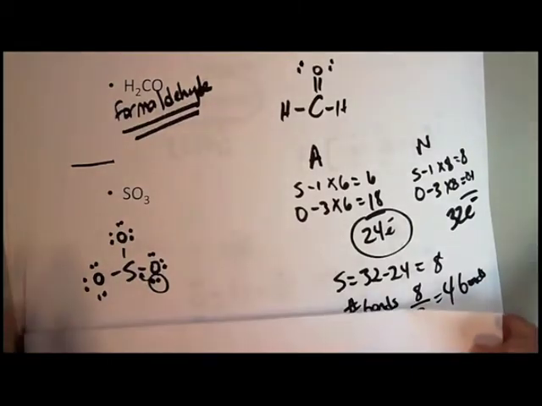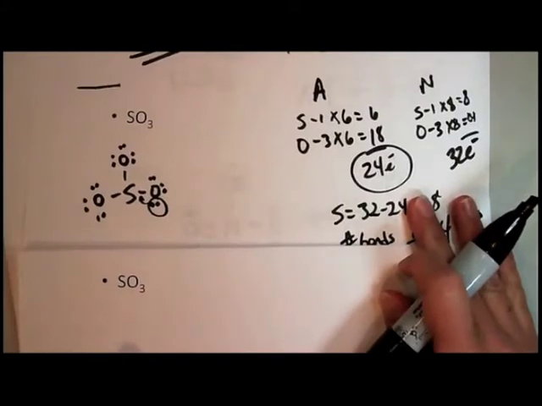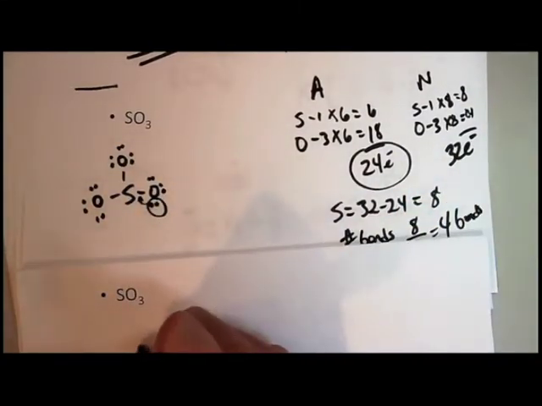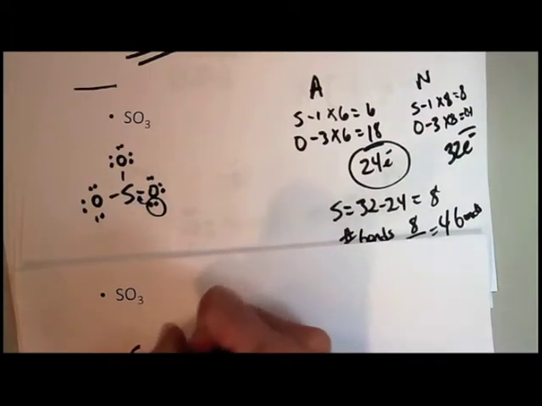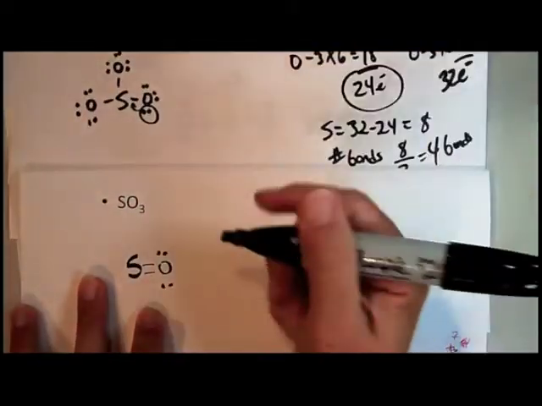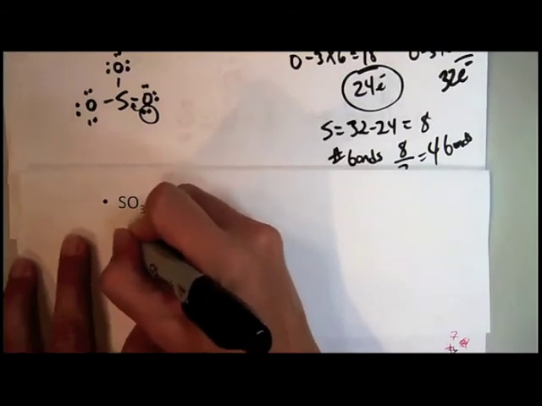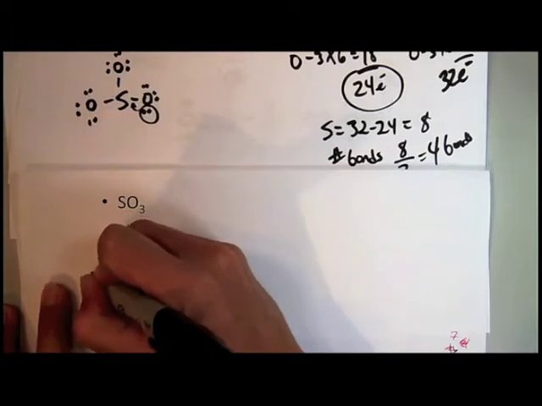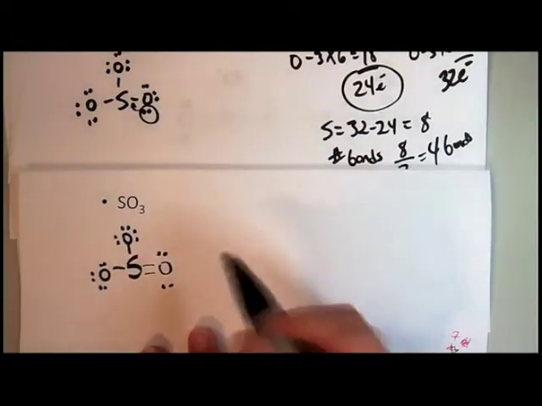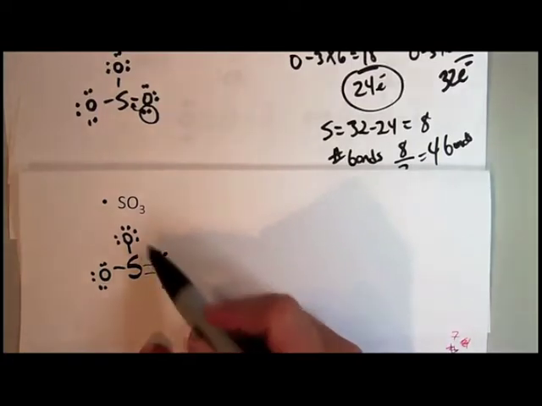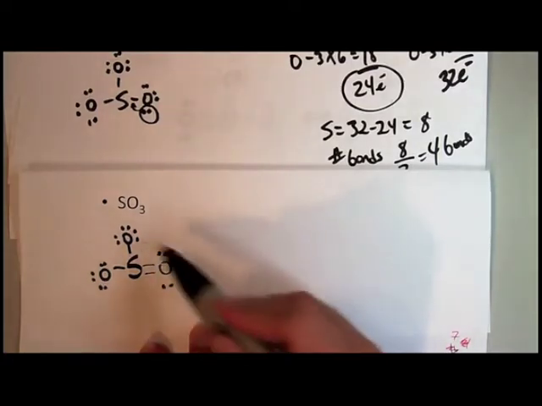For sulfur trioxide, what you end up making is this double bond here, and then I still have this oxygen with its 6 and this oxygen with its 6. Who's to say I could have chosen that pair of electrons to make the double bond?